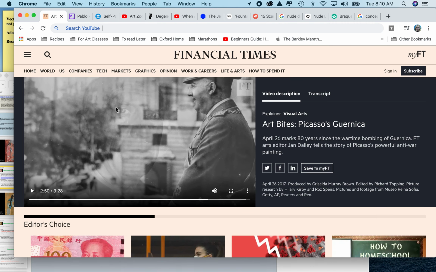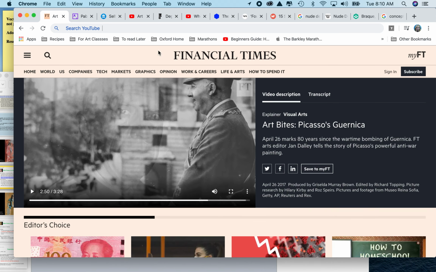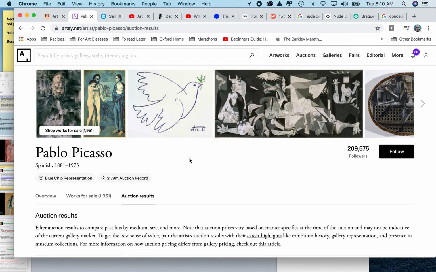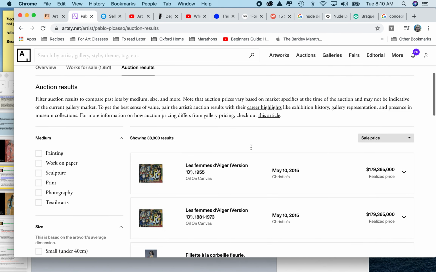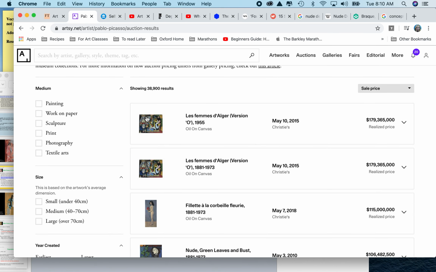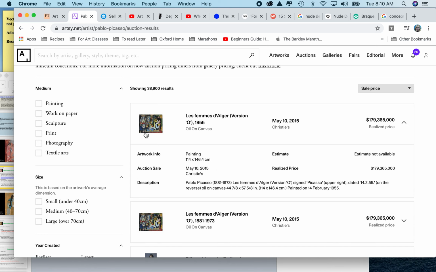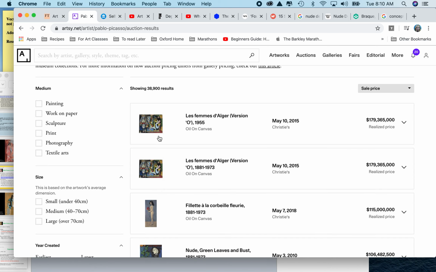Picasso has sold quite a lot of art, right? So if you look at just his work right here, you can also see his auction prices, which are insane. This piece right here, Les Femmes d'Alger, you don't really need to see this, but it was bought for $179 million.